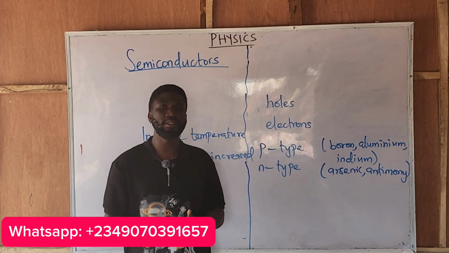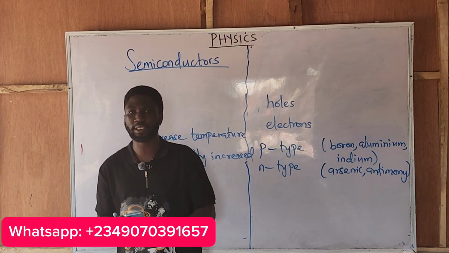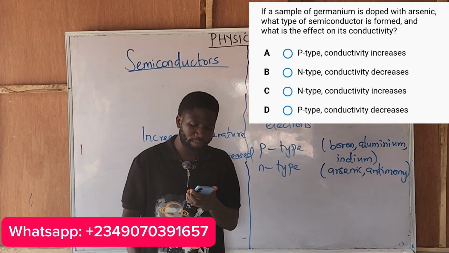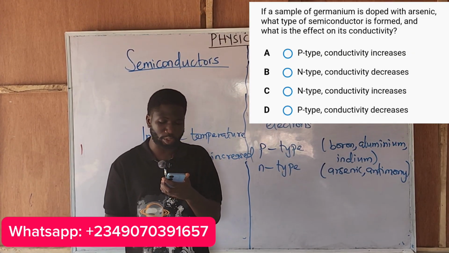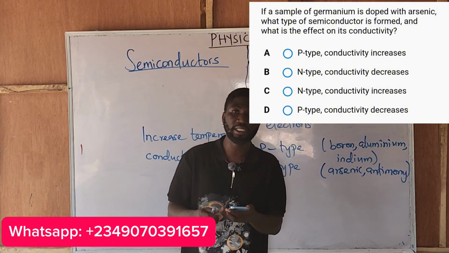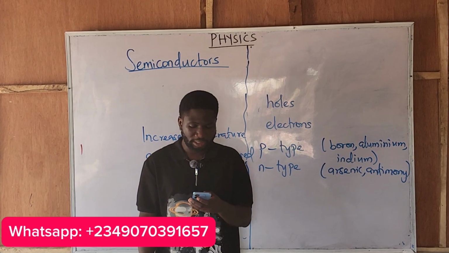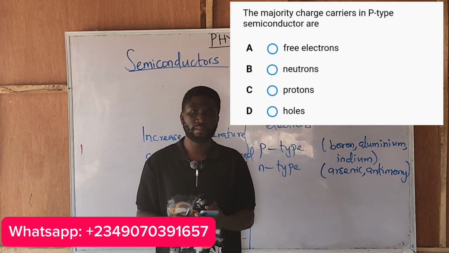So the higher the temperature of a semiconductor, the higher its conductivity. So the right answer should be n-type, then conductivity increases, and that is option C.